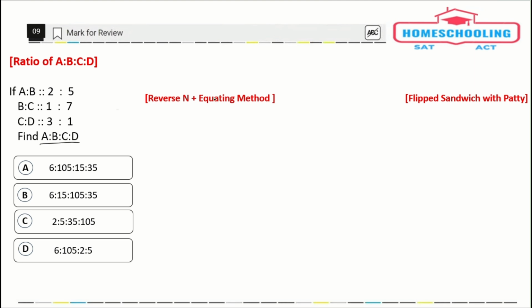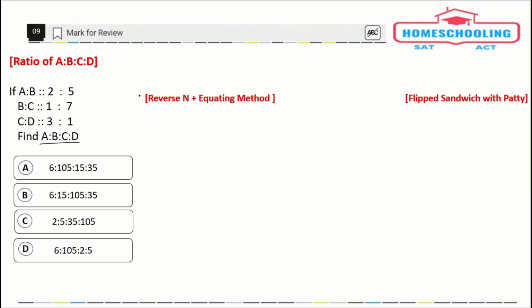Where we have 4 variables, we can solve this using 2 methods. First method is using the reverse N method twice, first on the first pair and then on the second, then equating both the results. And there is one more method, flipped sandwich with a patty. This is a very nice method. I think no one is teaching you this method on YouTube.